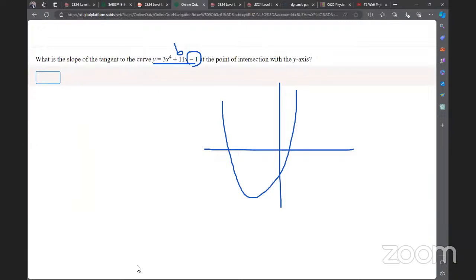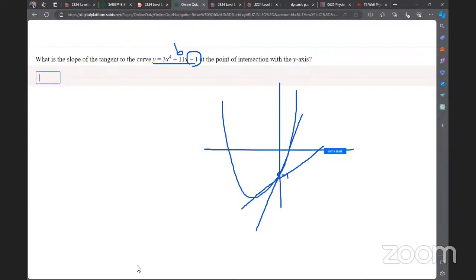Okay, so now the y-intercept will be -1 for this curve. So at the point of intersection with the y-axis, we will have a line that is tangent to this curve at the y-axis, which means here.